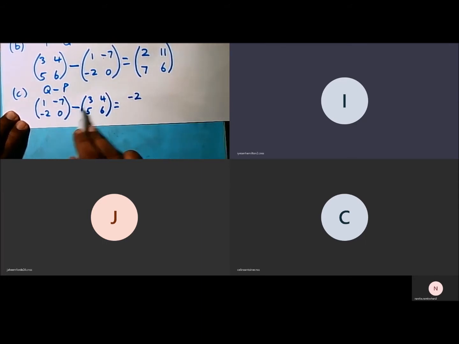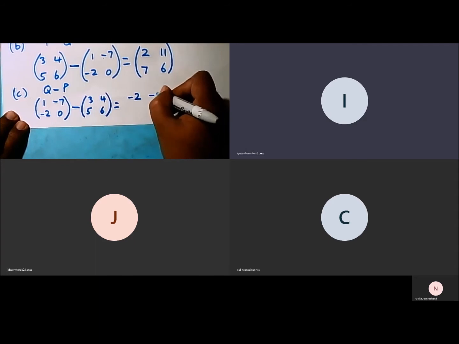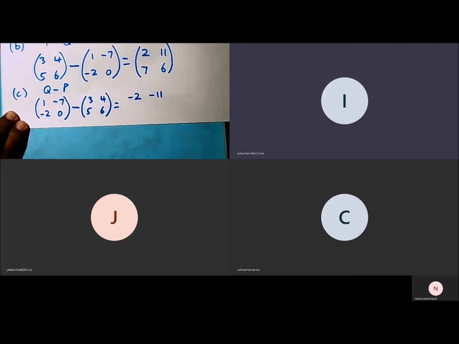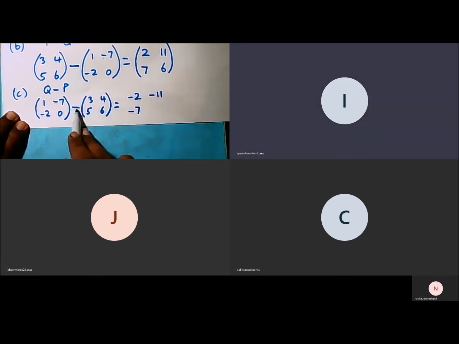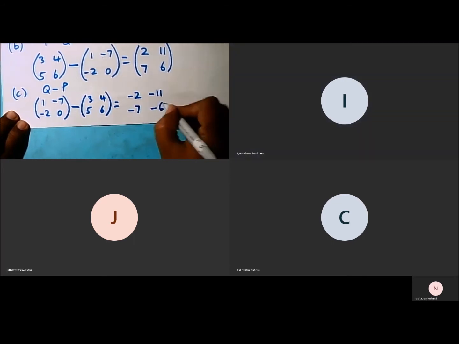Minus 7 minus 4 would be go down and go down 4. Minus 11. Minus 2 minus 5 means go down 2, then go down 5. You'll be at minus 7. 0 minus 6 is minus 6.